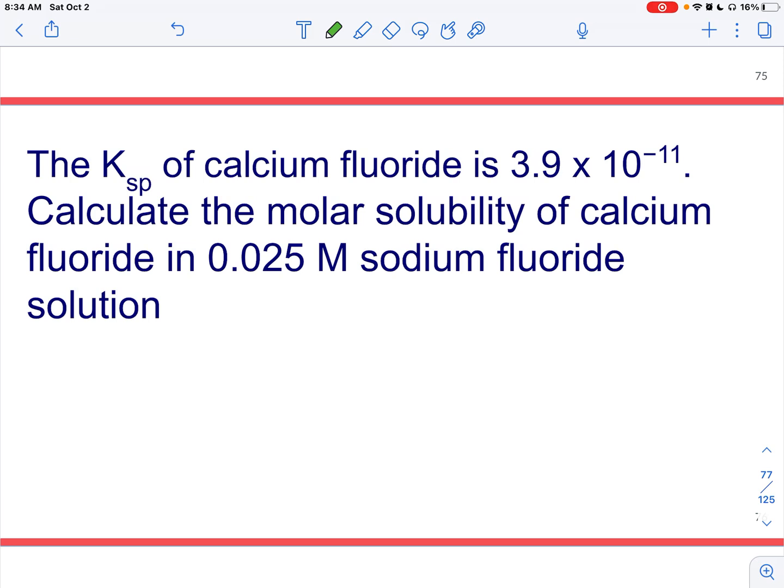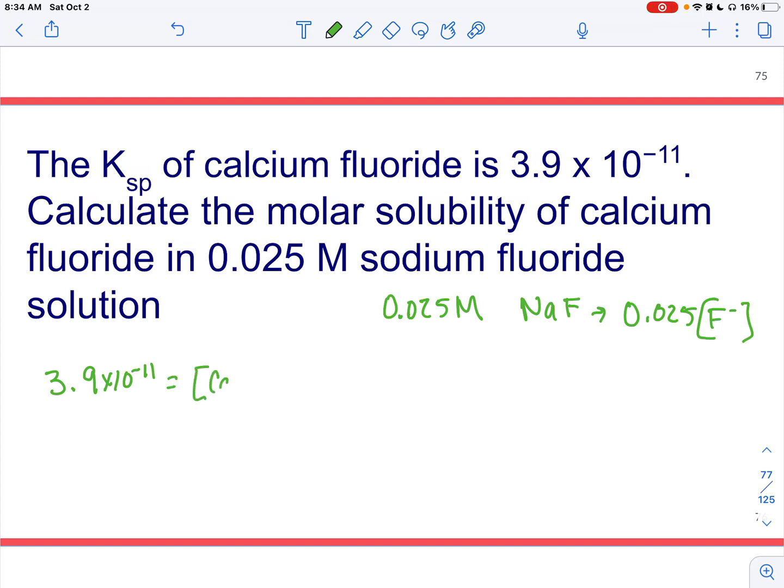So if we have 0.25 molar of sodium fluoride, that means we have 0.025 F minus concentration. Okay, so we don't have to actually convert any grams to moles here to find out our Ca2 plus. We can just set our KSP right away.